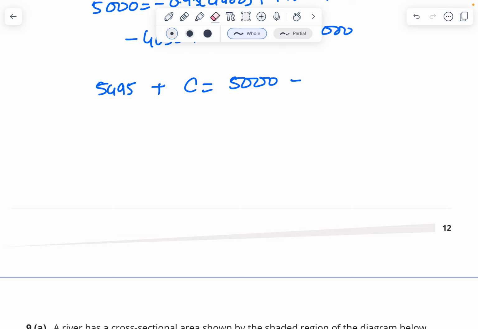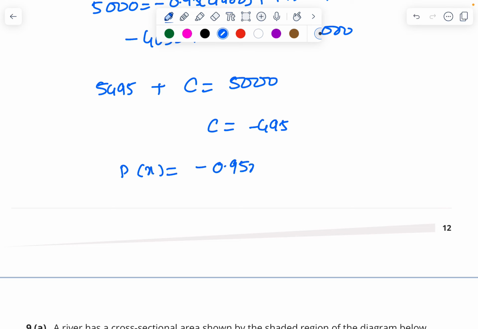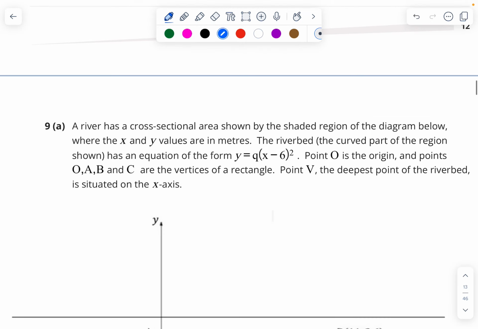So this gives me C value as minus 495. Answer for C: C equals to minus 495. So answer of P of X is going to be minus 0.95 x square plus 195x minus 495. That's going to be the answer.